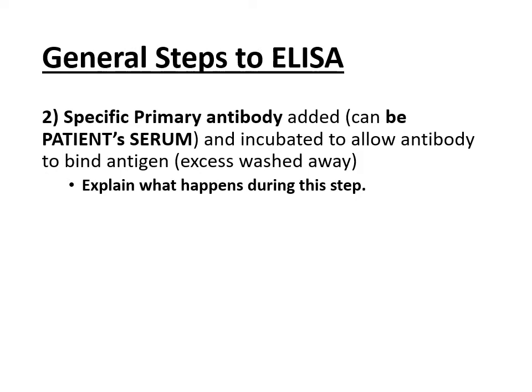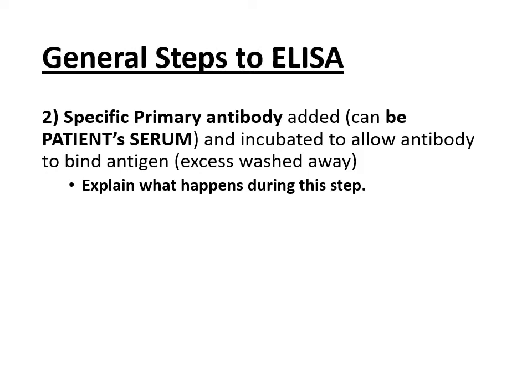So if your patient is infected, then their patient sample has antibodies against the HIV, I should say. So now when you put that patient sample into the well, where you have already put HIV antigen in, what will happen with your patient sample if they're infected?